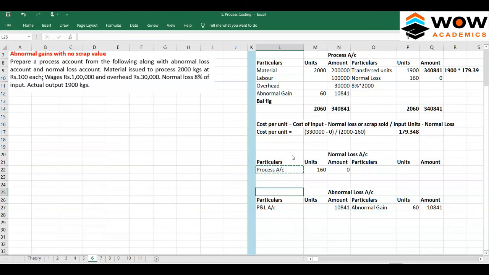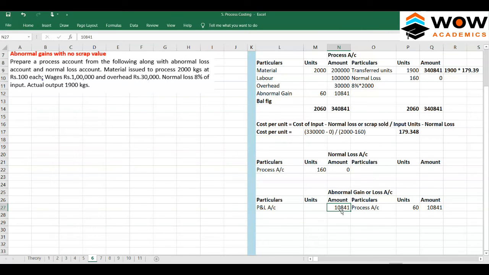In abnormal gain, this could be either a loss or gain account, that doesn't matter. You can have both, because if you have an abnormal loss, you have the process account here, and if you have a gain, you will put it here. So either way, this totally goes into a normal loss.